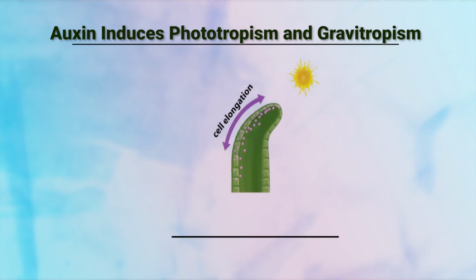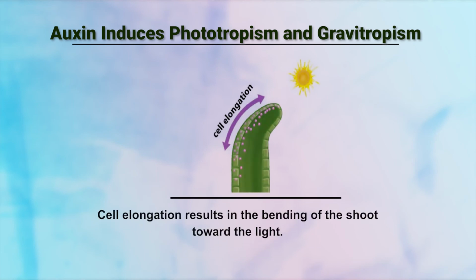In stem, indole acetic acid induces elongation of the cells. Consequently, these cells elongate more than the cells at the illuminated side. As a result, the tip bends towards the light source, the so-called phototropism.